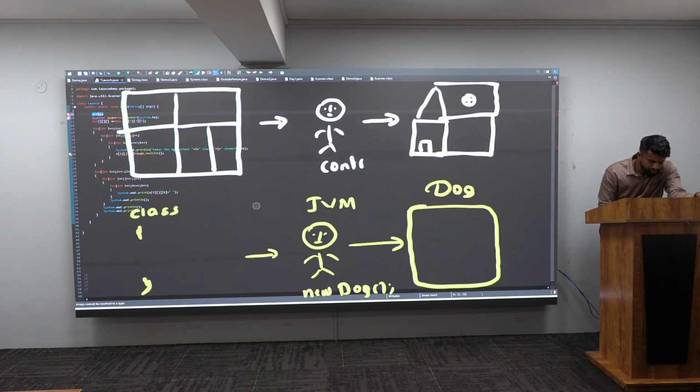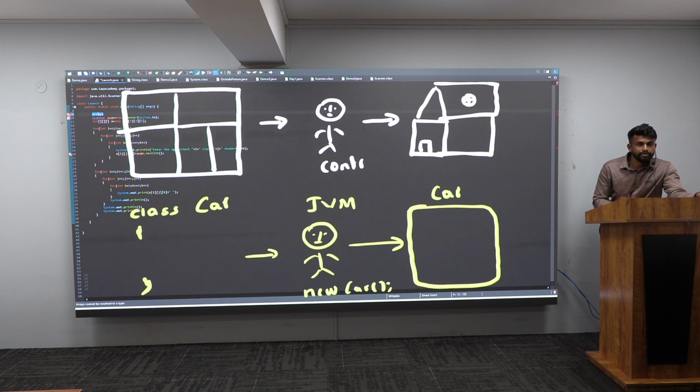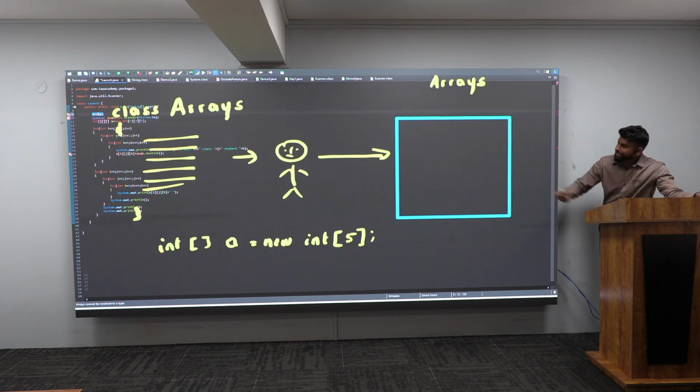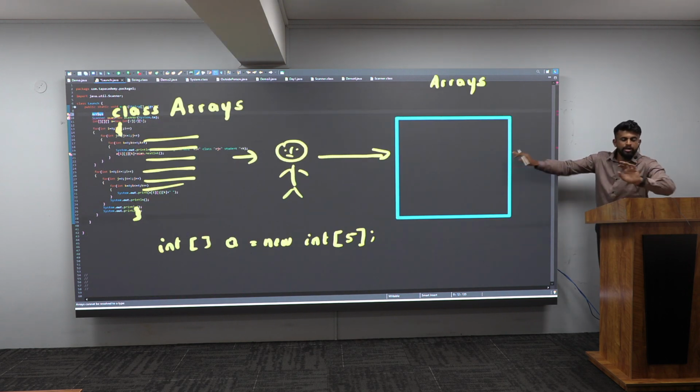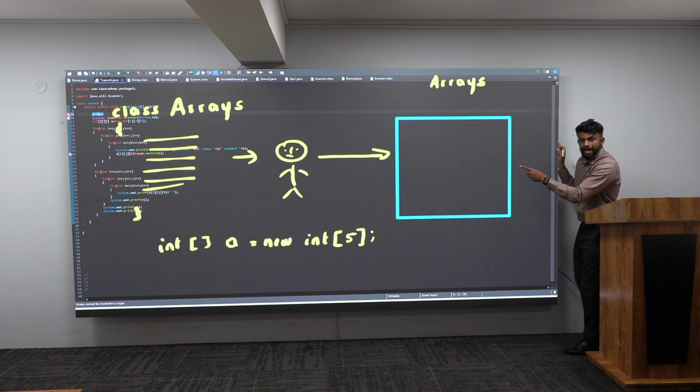For a car object, what do you need? Car class. And which object will be created? Car object. How will you create a car object? Very good. You will tell it as new Car. Am I correct? So now I am creating an object. Which object? Arrays object. Am I correct?